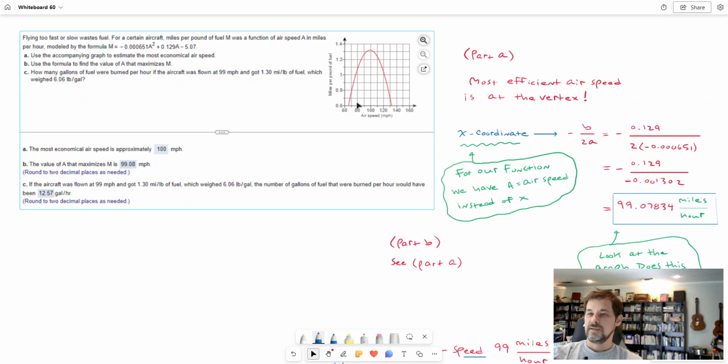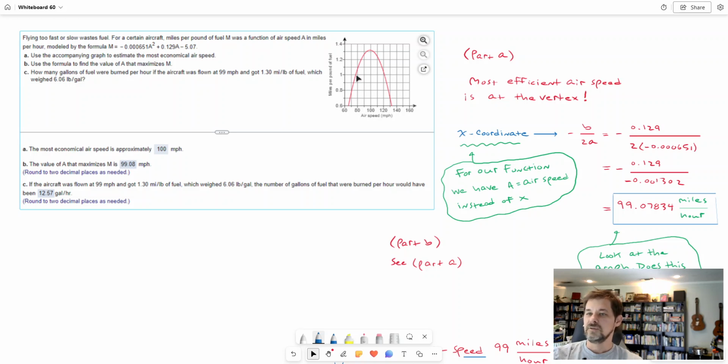So I see that if the plane is around 70, 80 miles an hour, my fuel use is much less efficient than if I'm at this peak here, which looks like it occurs at about 100 miles an hour. But then if I go beyond that, say 120 miles an hour, I'm looking at this point or somewhere around here.